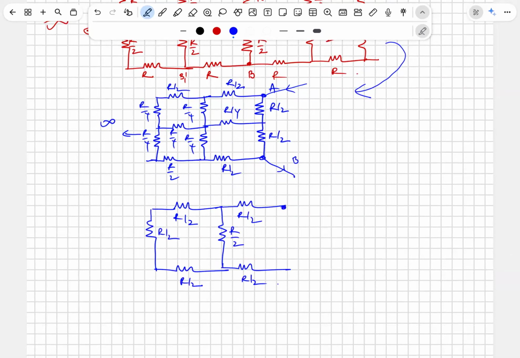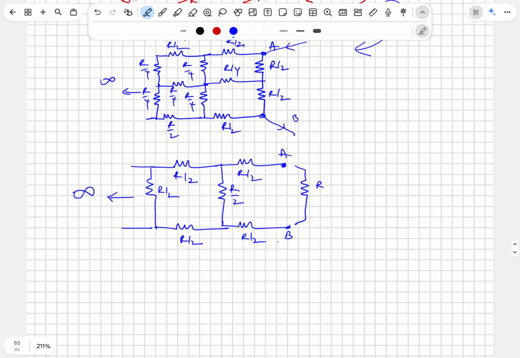So later we will check that. R. This series tends to infinite. So now we need to find the R equivalent of this arrangement.